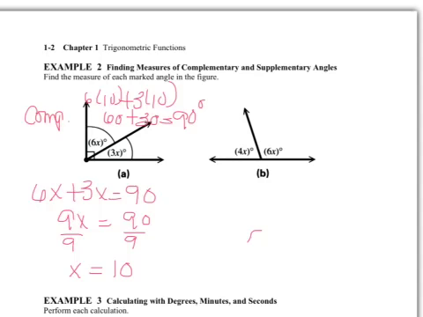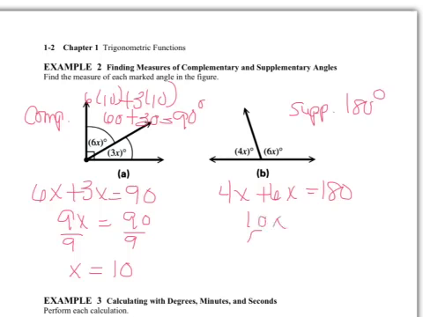So let's go back over to B, and B is a supplementary angle. We know a supplementary angle is 180 degrees. So we have to combine our two like terms. We have 4x plus 6x equals 180, so we end up with 10x equals 180.